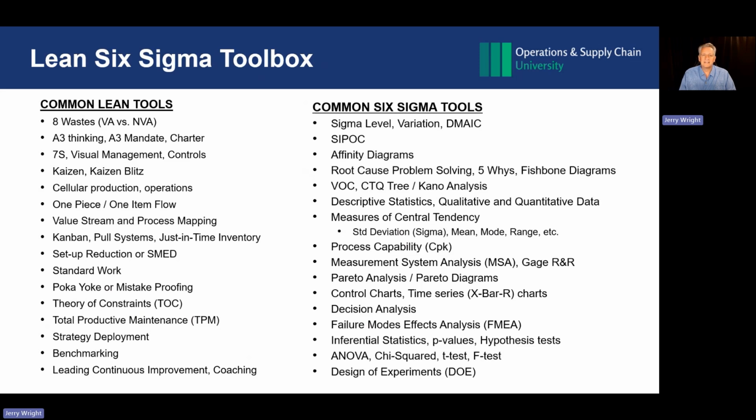Now here are the common Six Sigma tools. Sigma level, variation and DMAIC, SIPOC, affinity diagrams, root cause problem solving, the 5 whys, as well as fishbone diagrams, VOC or voice of the customer, critical to quality tree or Kano analysis, descriptive statistics, qualitative and quantitative data, measures of central tendency, so standard deviation, mean, mode, range, etc., process capability, very important tool, measurement system analysis, or MSA and gauge R&R, very important tools.